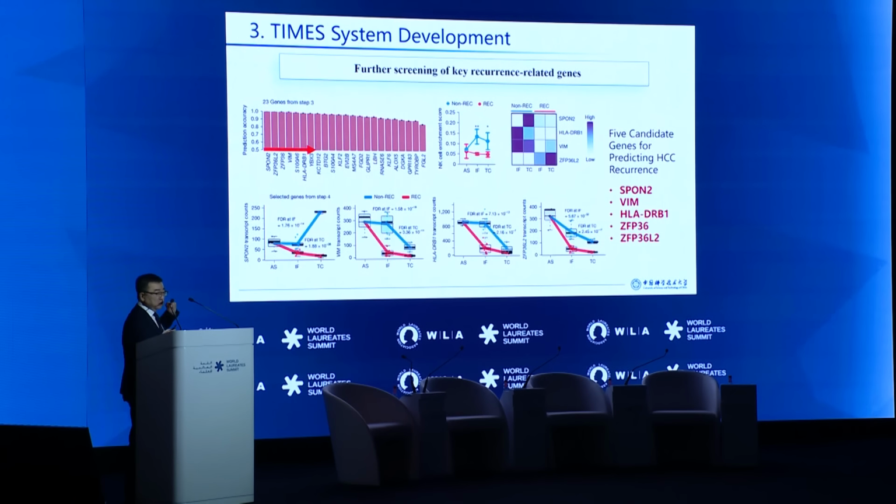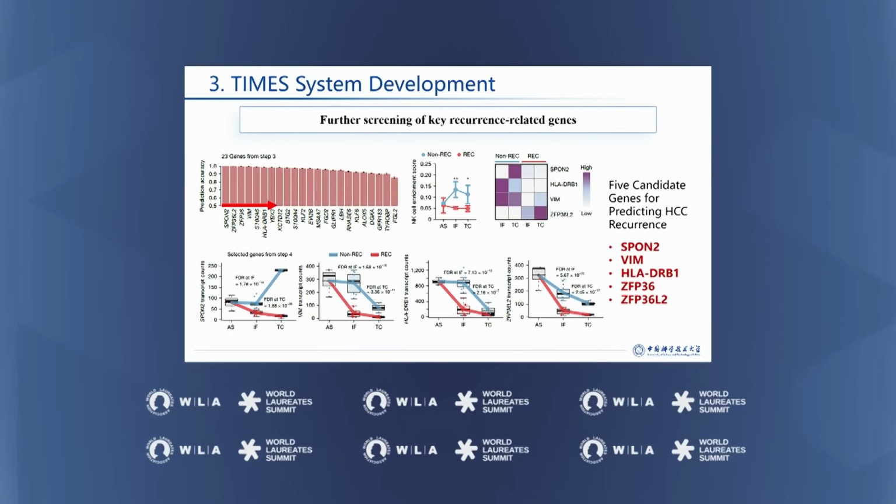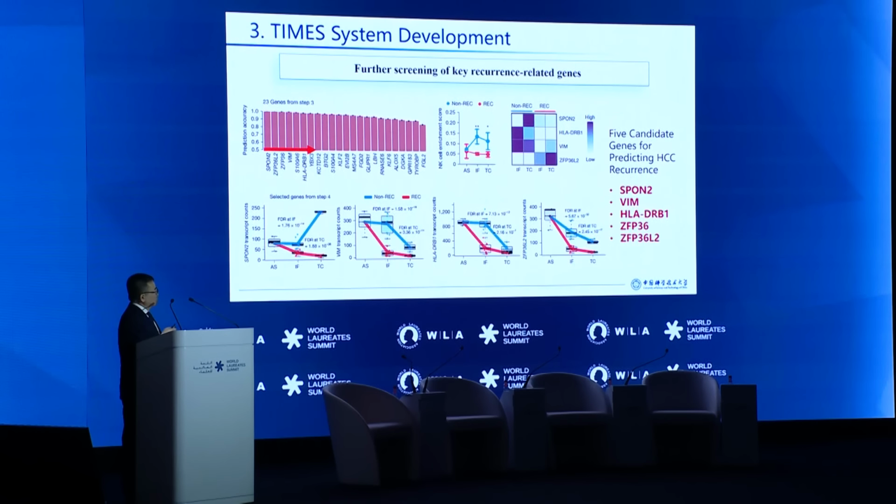So we analyzed these 2 different groups. We identified 241 genes, but this could not be used in clinical work. It's too many genes to test. So we narrowed these genes to 23 genes, but it's also too large. So we selected 5 candidate genes for predicting HCC recurrence in our group.